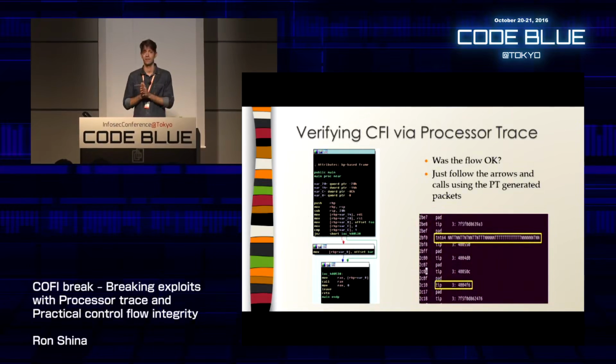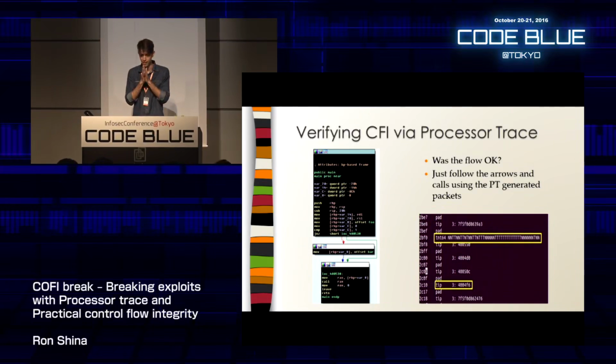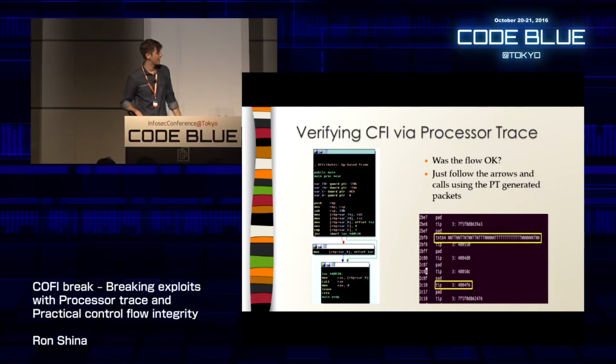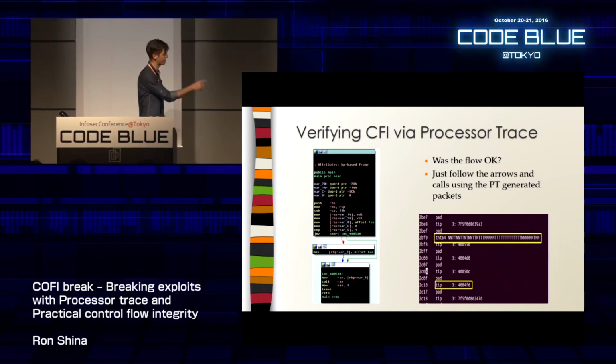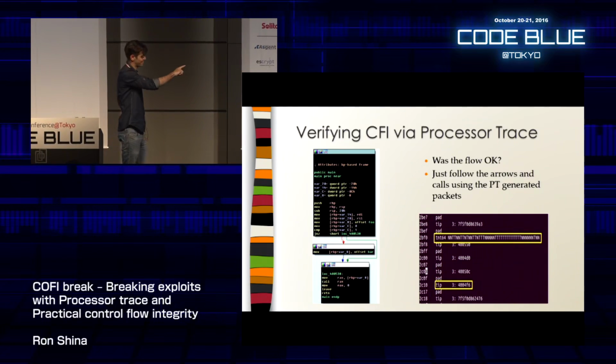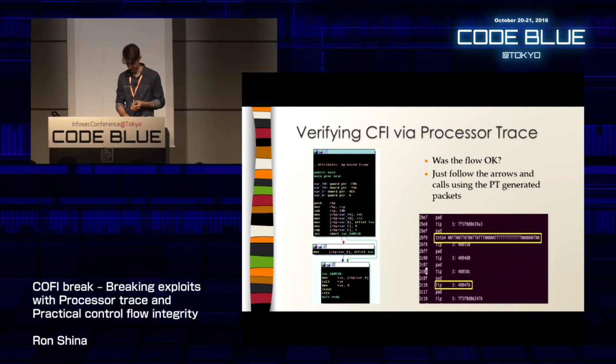So how would you verify control flow integrity using processor trace? Basically, if you're looking at the binary on the left, you just move around your finger and make sure that you don't call to the middle of the functions or return to where you weren't supposed to return, and so forth. So it's fairly simple.